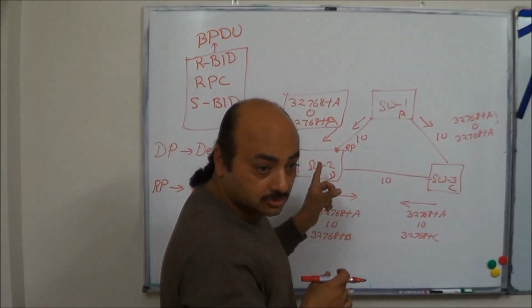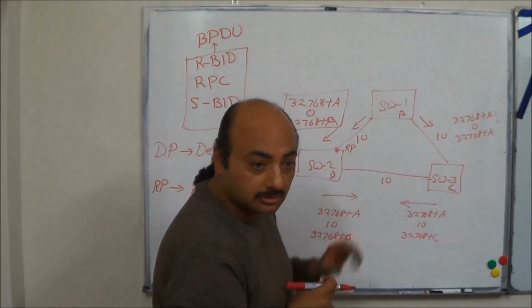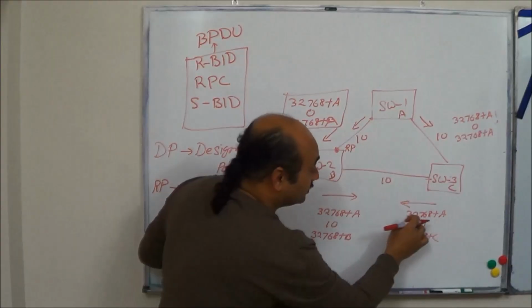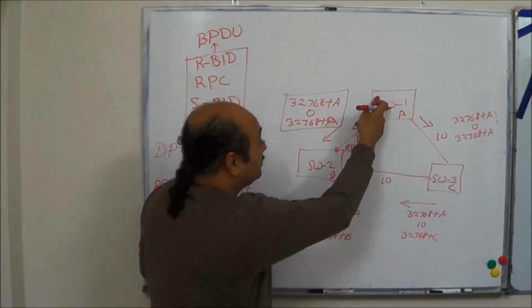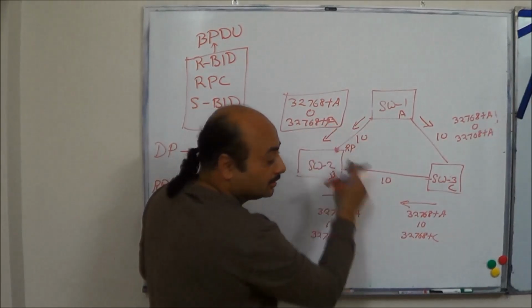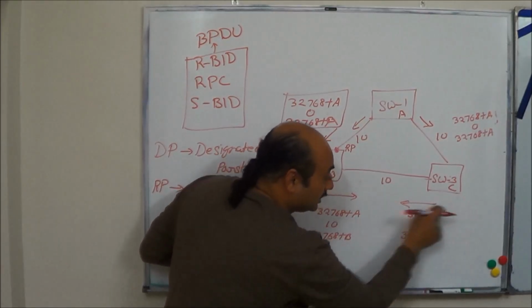So which is the shortest? The zero distance. Because from here, this BPDU is communicating that this is the root bridge and it is at 10 distance from me. What is this one saying? This is the root bridge and it is at zero distance from me. Shortest. Again, pay attention to this. What is this BPDU communicating?